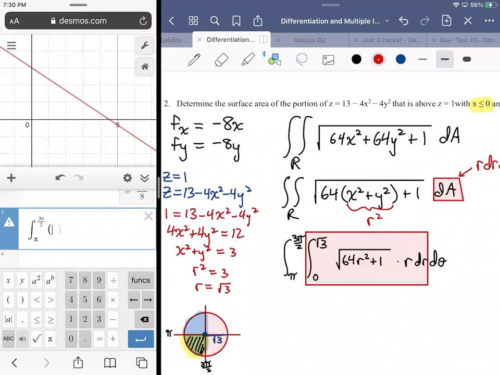Open it up. 0 to root 3. I'm going to use x's and y's here instead of r's and thetas, just so I don't have to go into the keyboard too often. But I'm going to put the x in front. So x root 64 x squared plus 1.